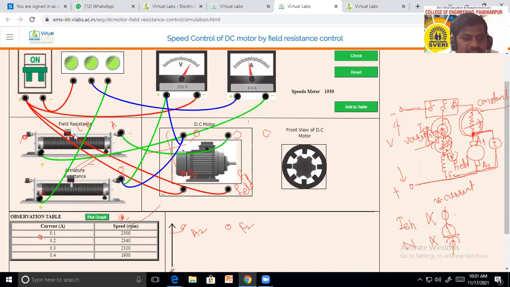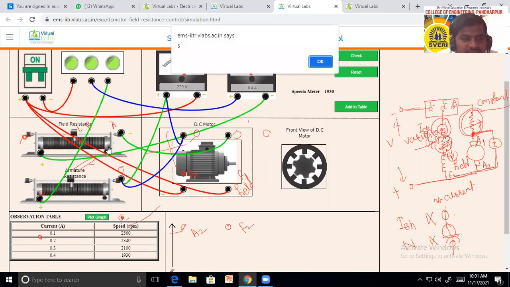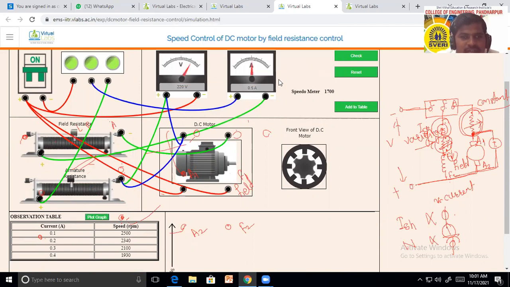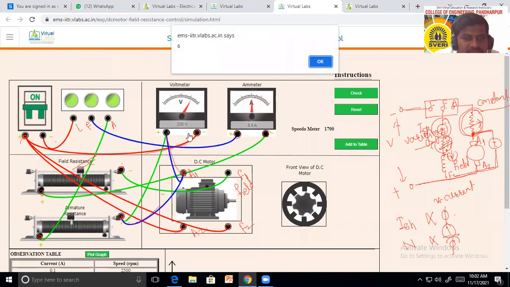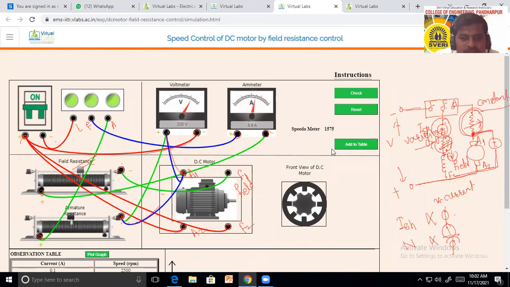Again, I am varying this field rheostat, varying this resistance value. Again the current increases. The current increases, which means the speed decreases. Just add this value to the table. Again, we will take another reading: the current increases to 0.6, then the speed reduces to 1575 revolutions per minute.